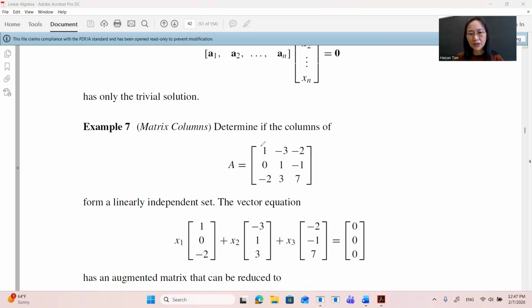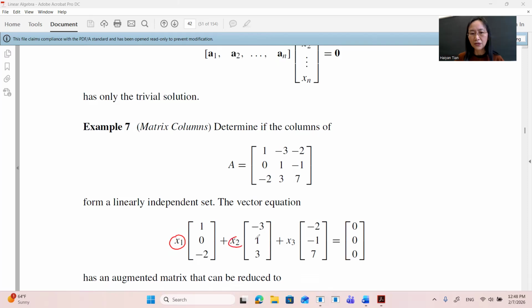You see the first column of A here, the second column of A here, the third column of A here. So we write the homogeneous system and try to decide if it has only a trivial solution.